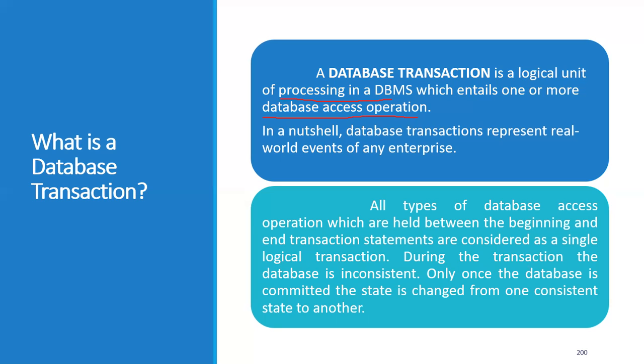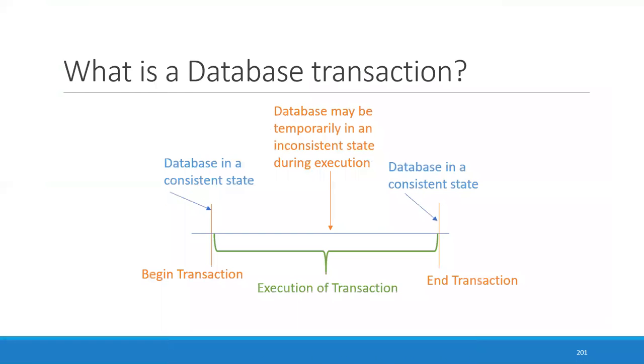So between the beginning and end of the transaction, the database is temporarily in an inconsistent state during execution. Just see this picture. This is the beginning of the transaction, this is the end of the transaction. Here the database is in a consistent state and here the database is in a consistent state.